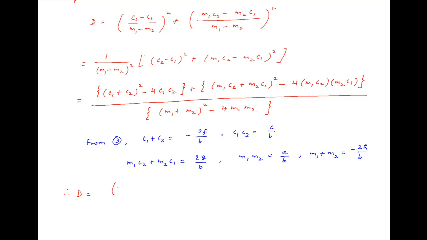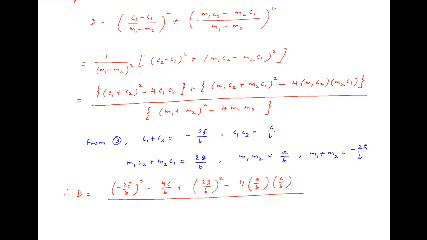Substituting these results, the value of d is equal to ((-2f upon b)² - 4c upon b + (2g upon b)² - 4 times a upon b times c upon b) divided by ((-2h upon b)² - 4a upon b).